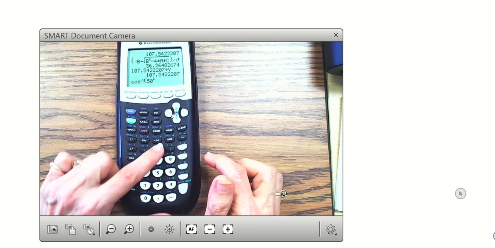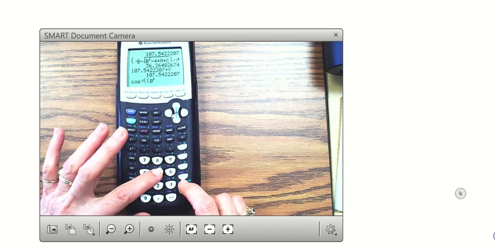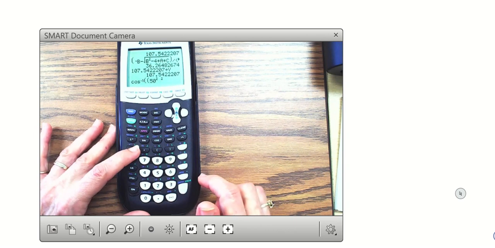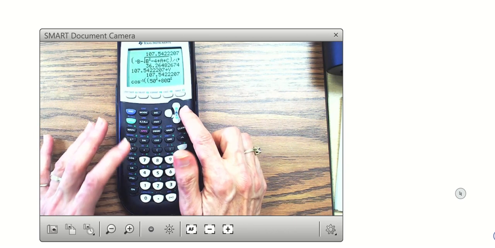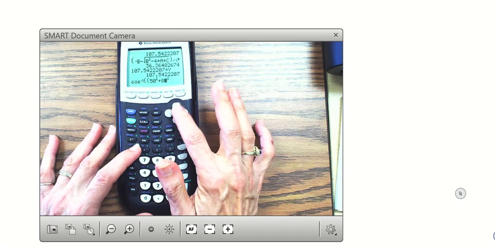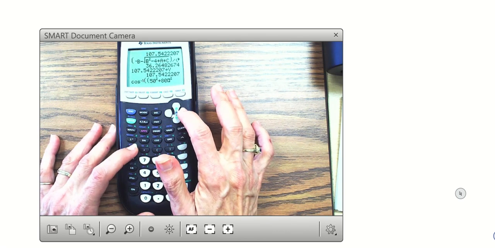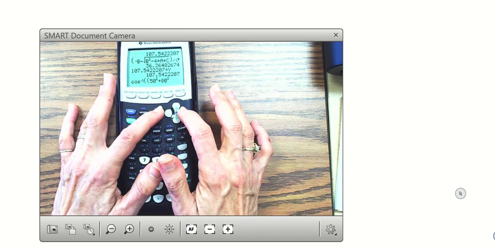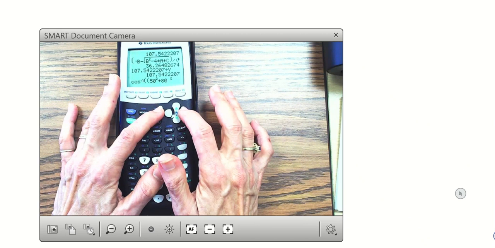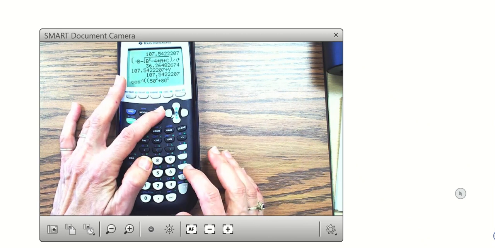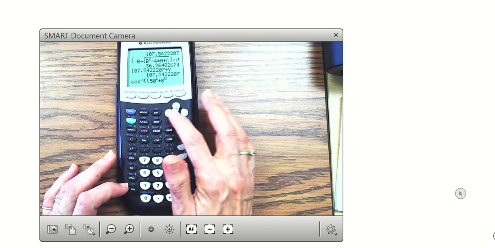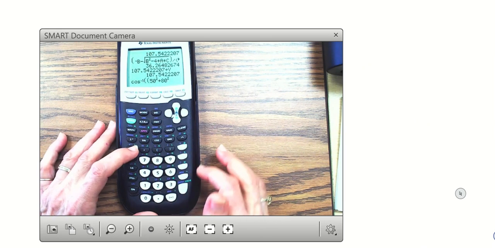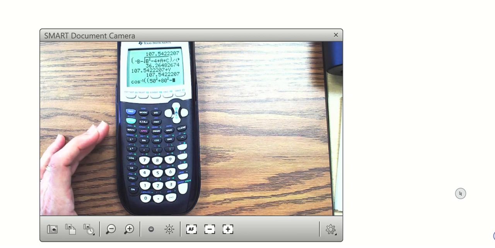I started a numerator, so I need an open parentheses of 50 squared plus 80 squared minus what I just stored as y.